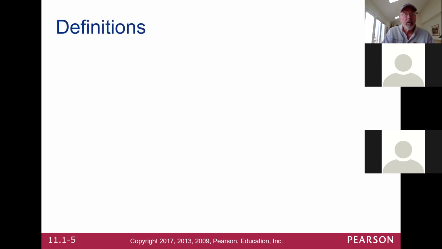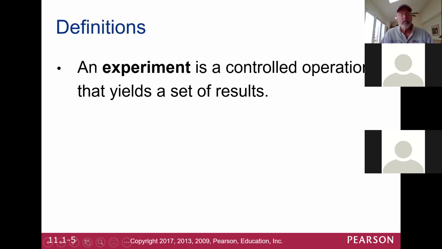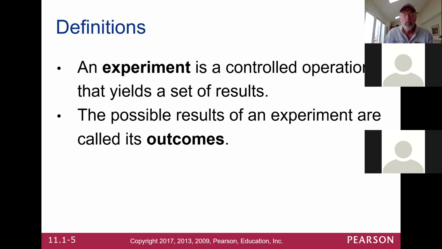All right, so let's get a set of definitions here that gives us some way of talking about probability. So we think about a probability situation when we're operating under experiments. So a scientific method is under the operation of an experiment. And we have certain results that come from that, and they're called outcomes, right?